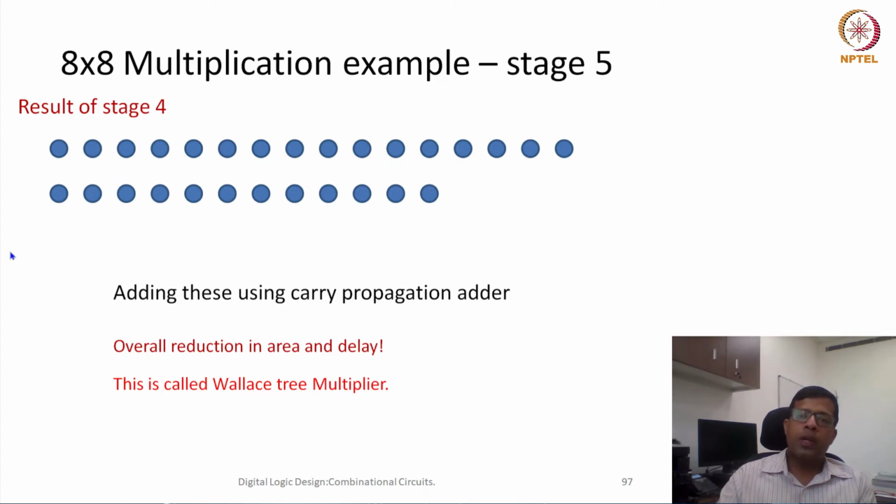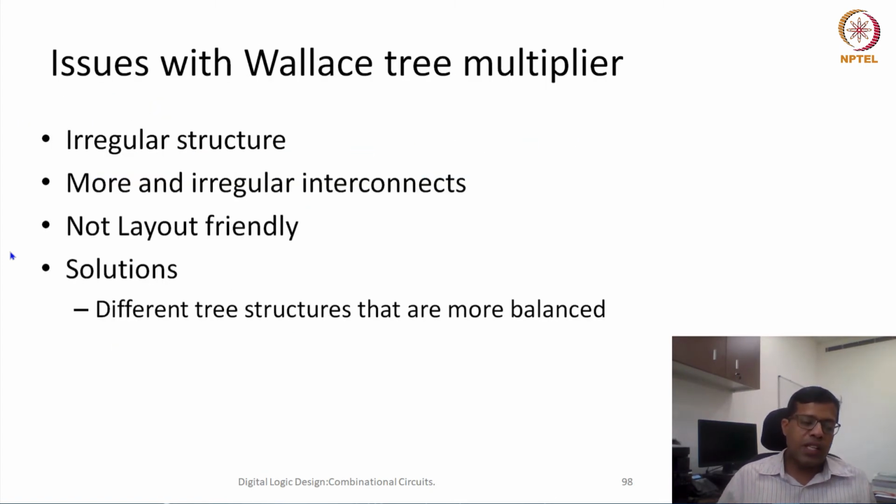Okay, so this looks good, but there are still some challenges or issues in this Wallace tree multiplier and multipliers like it. First, the issue is that you have a very irregular structure.